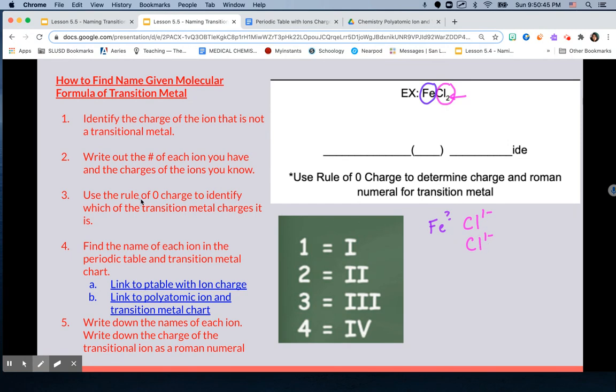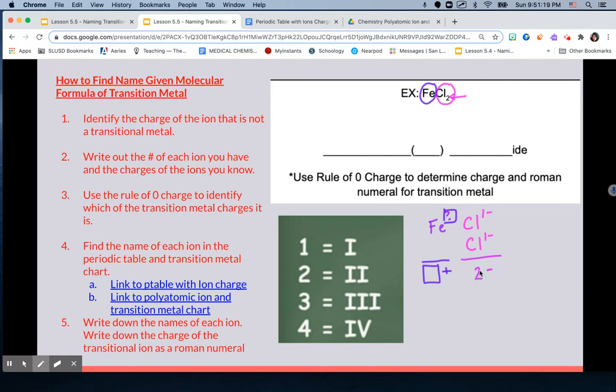Now I'm going to use the rule of zero charge to work backwards a little bit to identify what has to be the charge of Fe. So this is a little bit trickier, right? So Cl added together gives me a charge of 2 minus. So if I don't know what this is, I know what number this has to be in order for it to add up to 0.